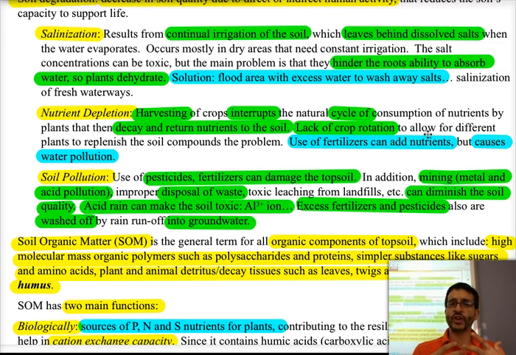In addition, if you have acid rain, as we discussed earlier, we're going to leach or solubilize aluminum ion, which is very toxic for plants. So any of those things can cause soil pollution.